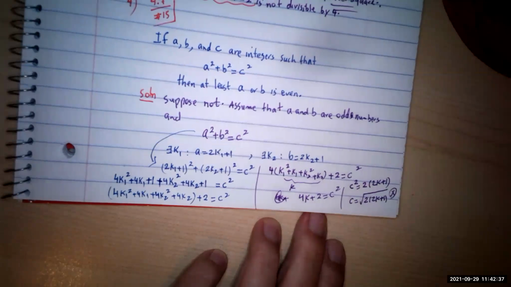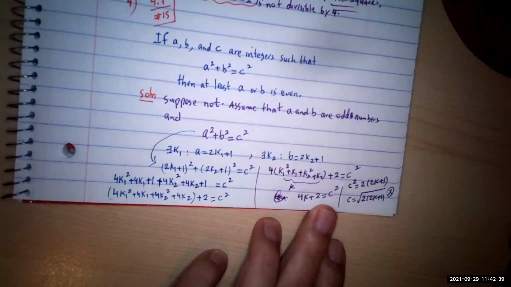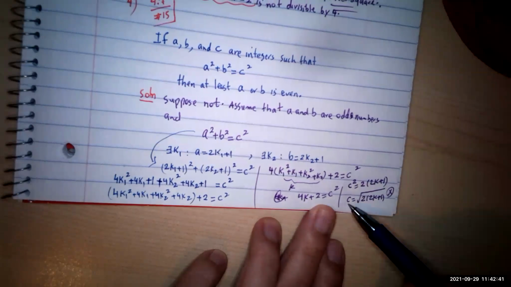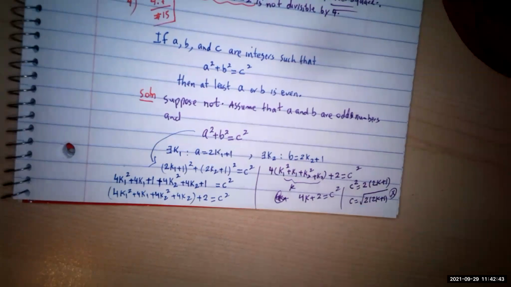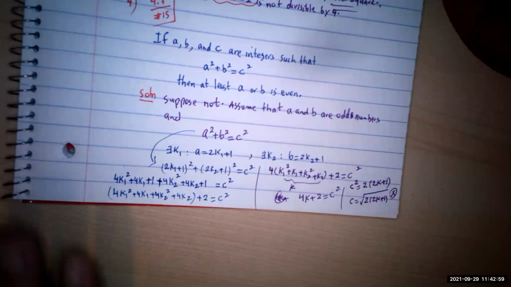Why? Because C is an integer. But as we did for the previous problem, 2 is an even number and 2K plus 1 is an odd number. So when you multiply together, you're not going to get a perfect square. So the term to the left is an integer, the term to the right is not. So we arrive at a contradiction.